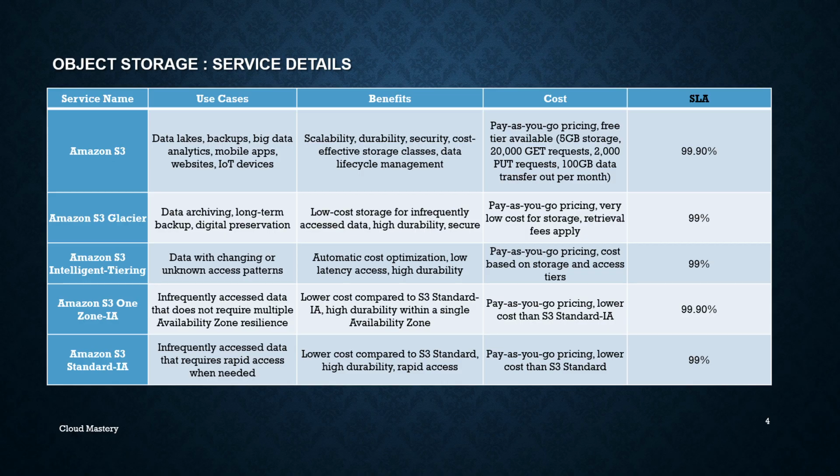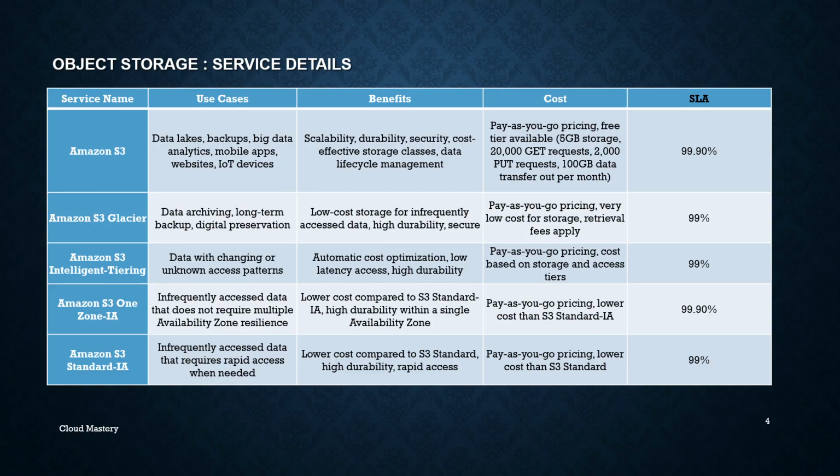If I talk about pricing, this is pay as you go. You use Amazon S3 for the data you actually have, and you pay for that only. A free tier is also available: if you have a free tier account and you are trying some POC, proof of concept, you can go with 5 GB of storage, which is the limit of the free tier account.